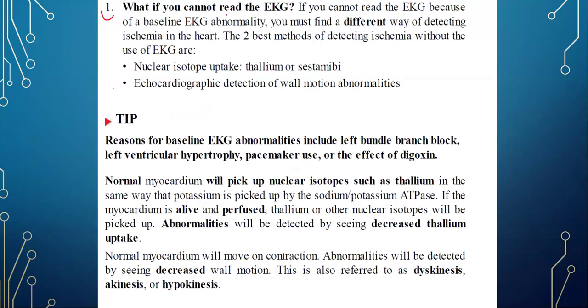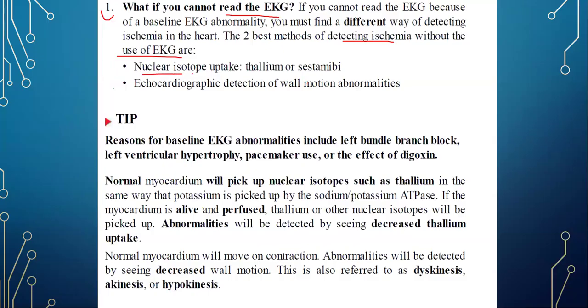Now, what if you cannot read the ECG? What if there is baseline ECG abnormality? What will you do then? So then you will try to exert the heart in different ways. There are two other methods of detecting ischemia without the use of ECG.